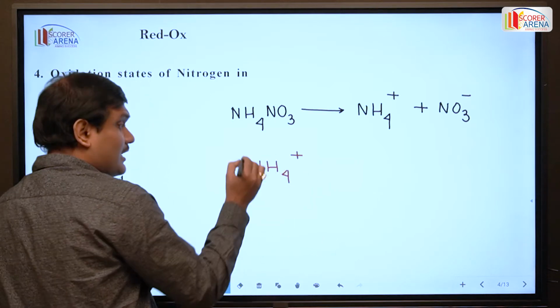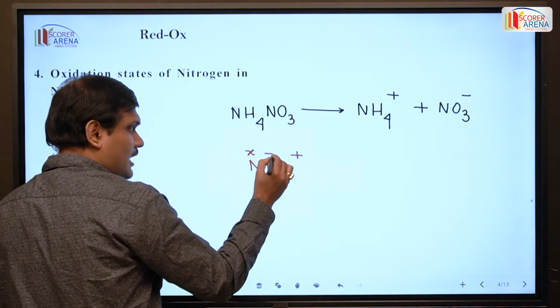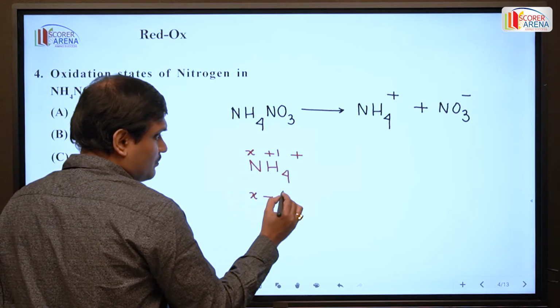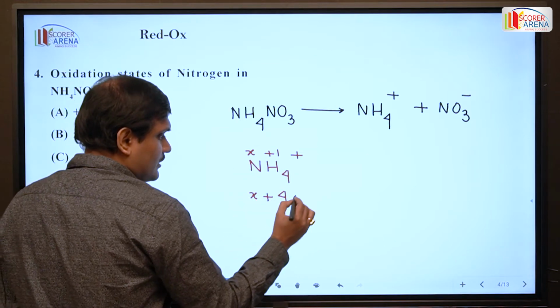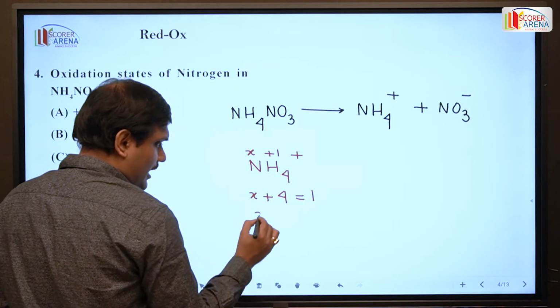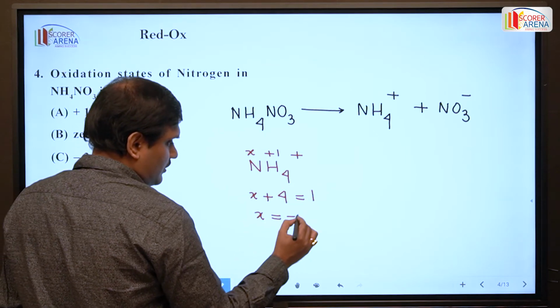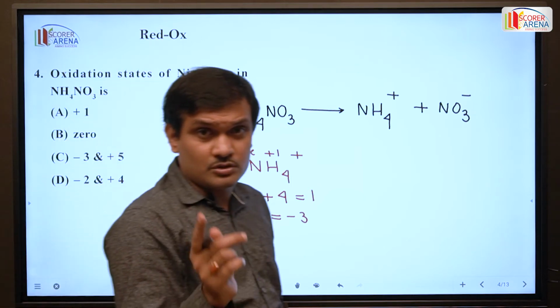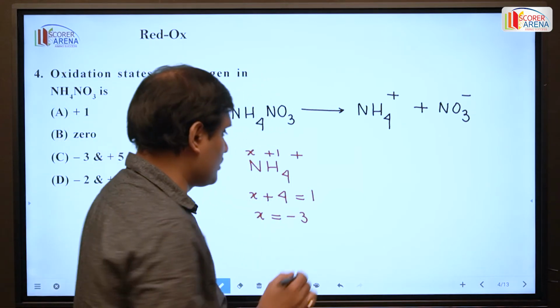For NH4 plus, take nitrogen as X, hydrogen is plus 1. So X plus 4 equals 1, so X is equal to minus 3. So in NH4 plus, the oxidation state of nitrogen is minus 3.